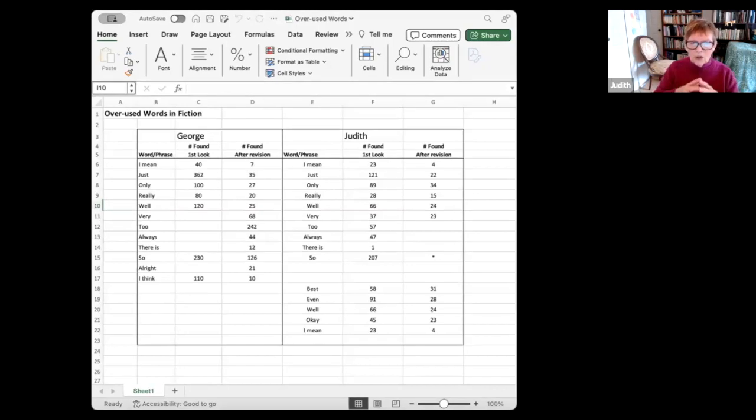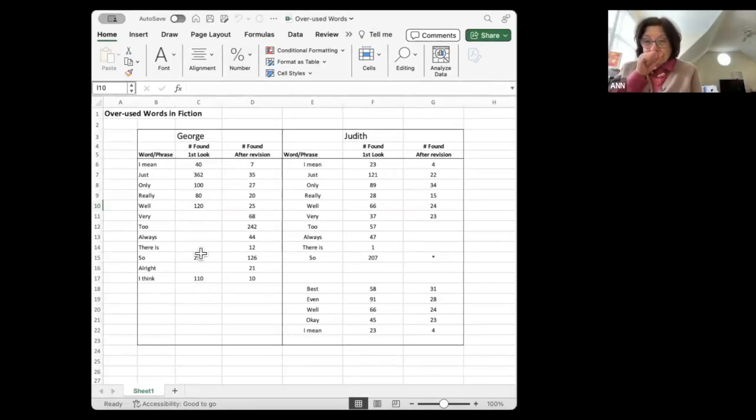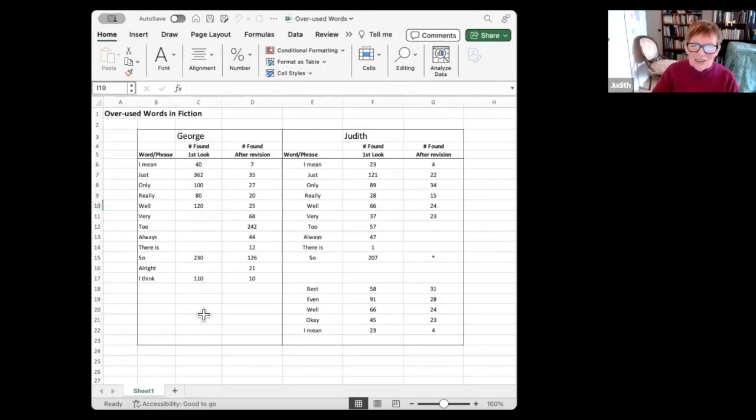As we worked on the initial words, others started to occur to us. What you see on the left is George's words, and we started on him first, and I said, I better do this too.